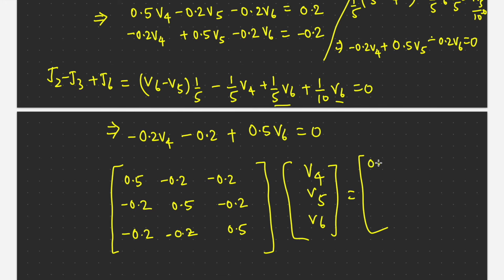Here we have 0.2, minus 0.2 and 0 on the right side.